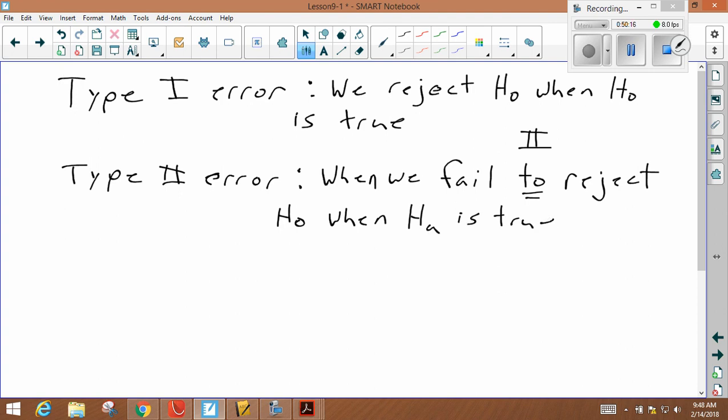So we reject our null hypothesis when our null hypothesis is true for type 1, or for type 2, we fail to reject our null hypothesis when our alternative hypothesis is true.